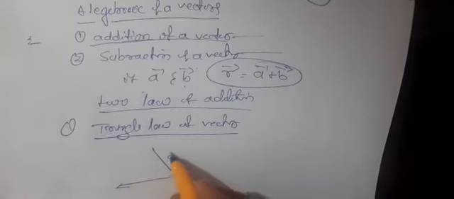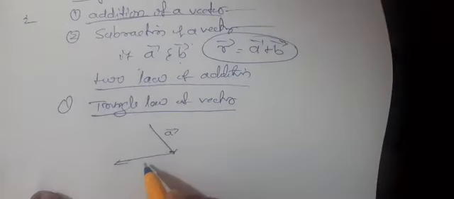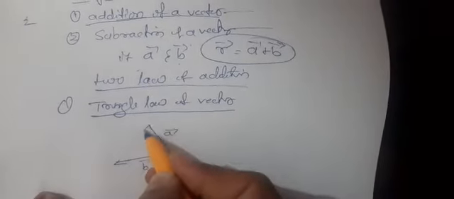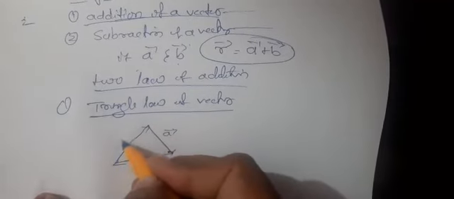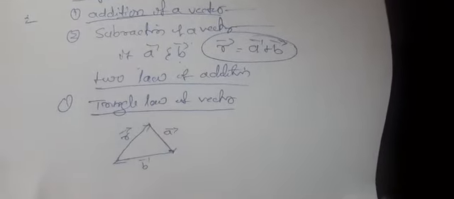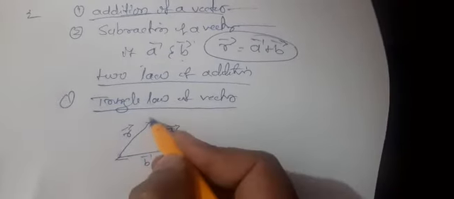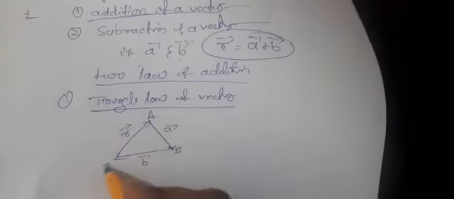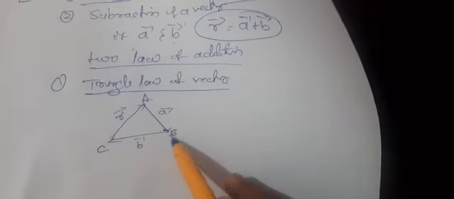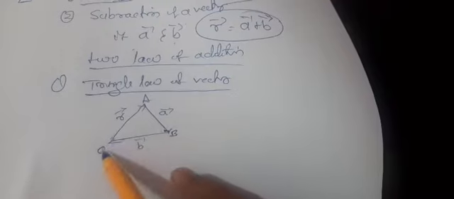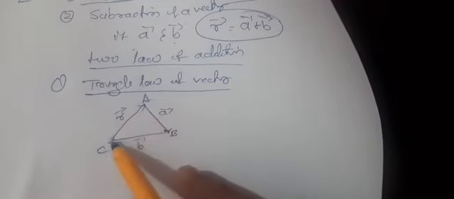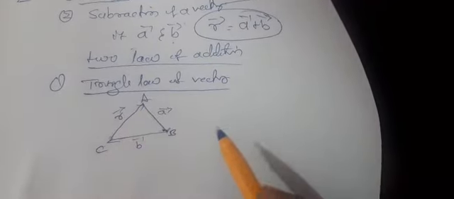This is called vector A, and this is called vector B. The third line can be represented by the resultant of the vectors, the resultant line, which is the diagonal line of the triangle. The triangle is ABC. AB and BC are the adjacent sides, and the line AC or CA is the diagonal line.